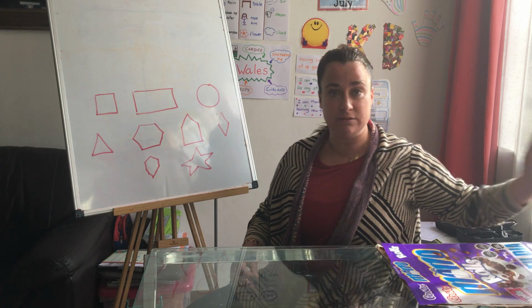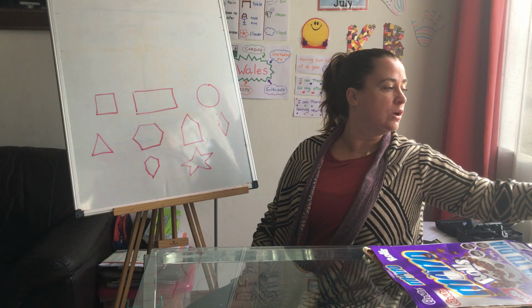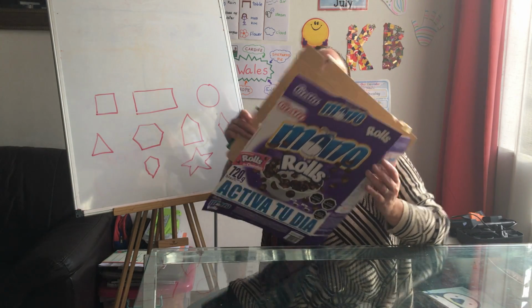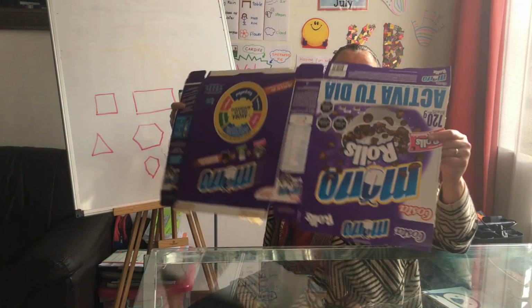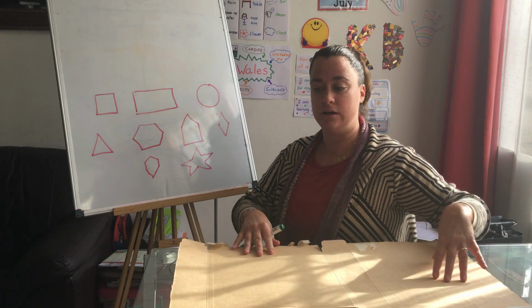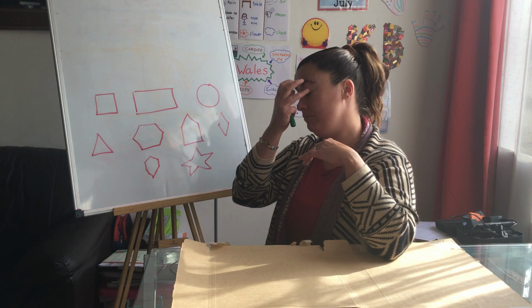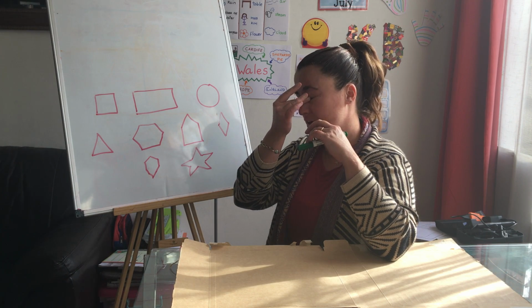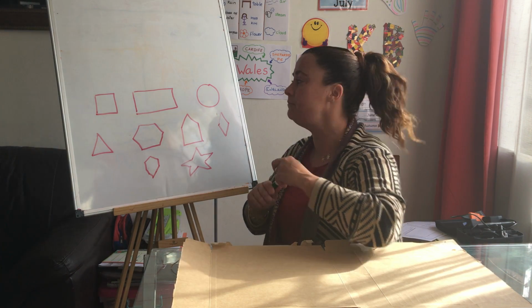We need some materials for today, right? So, I need cardboard. Maybe you've got, this is a box of cereal that I had here at home, okay? Maybe you have a box of milk, cereal, many different things that we've got at home that come in cardboards, okay?